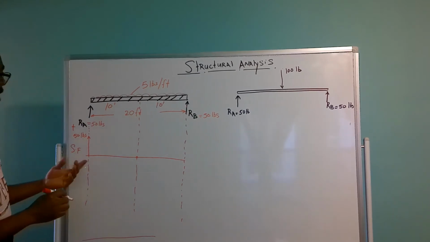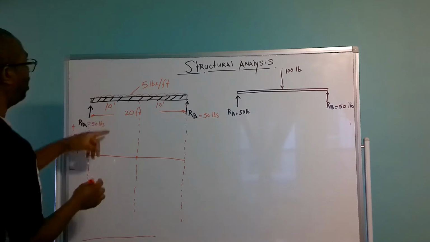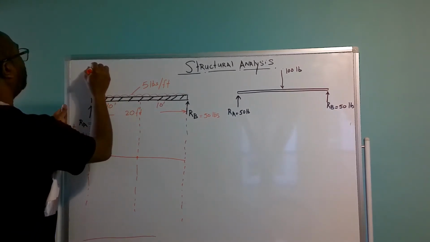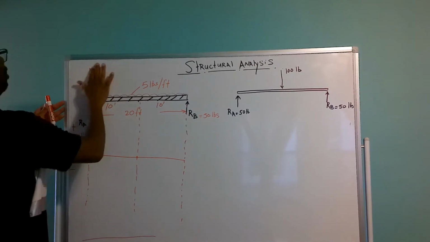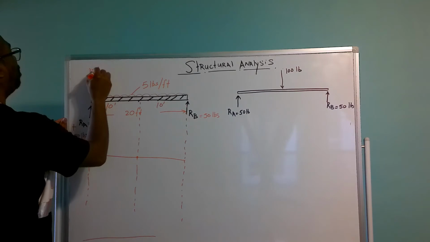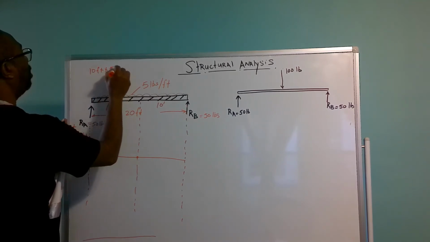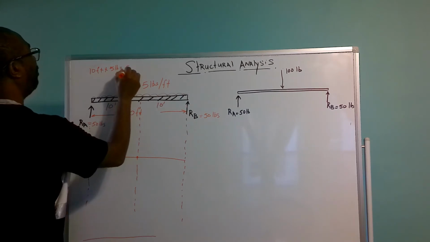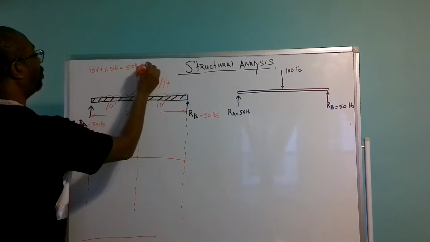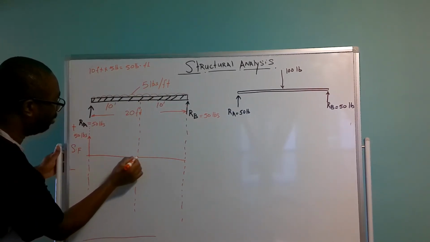So because we have 50 pounds here going up and 50 pounds at the center, because 10 feet times 5 pounds is going to equal 50, 50 pounds is going to come right at the midspan here.